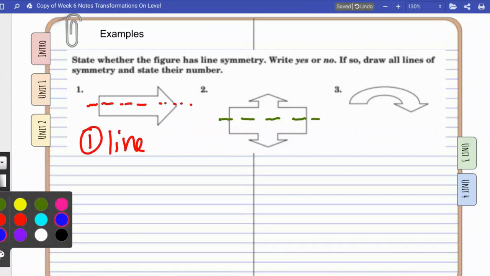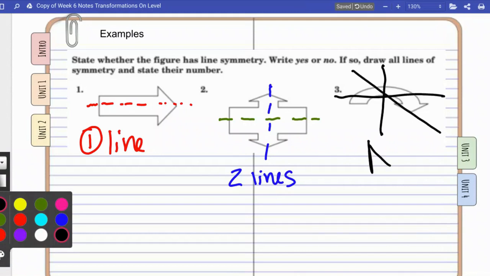But I can also go down the middle this way. So this has 2 lines of symmetry. And then looking at this third example, there's no way I can chop it in half like this or like this or like this. It doesn't work. So this has none.